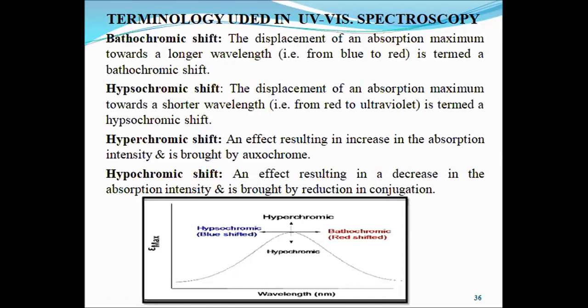Now the next shift is termed as hypsochromic shift. This shifts the absorption or the lambda max value to a shorter wavelength, just the reverse of bathochromic shift. Why is this happening? This results because of the removal of conjugation or change in the solvent polarity. Again, solvent has a role here also. For example, aniline shows lambda max at 280 nanometer, whereas the anilinium ion, that is formed in acidic solution of aniline, shows lambda max value of 254 nanometer.